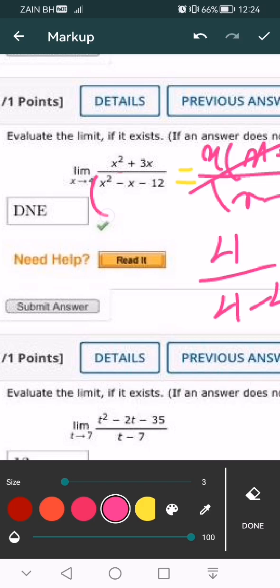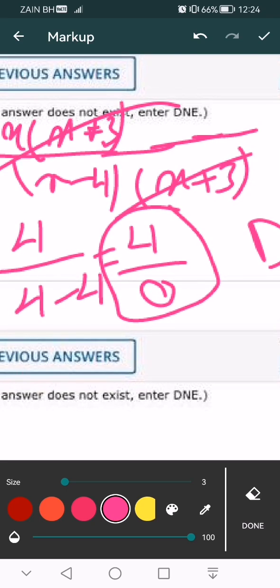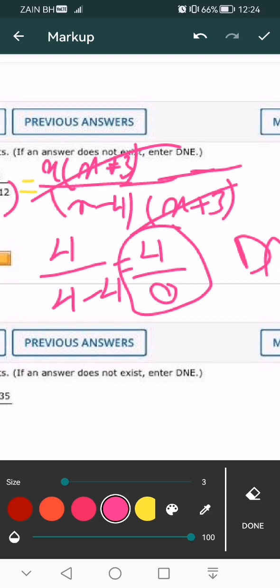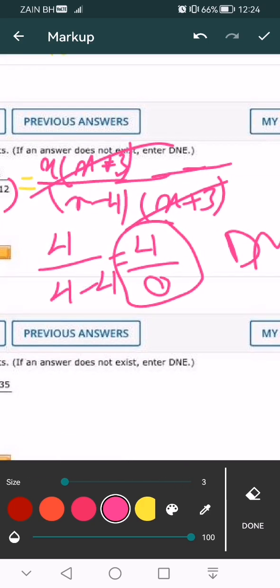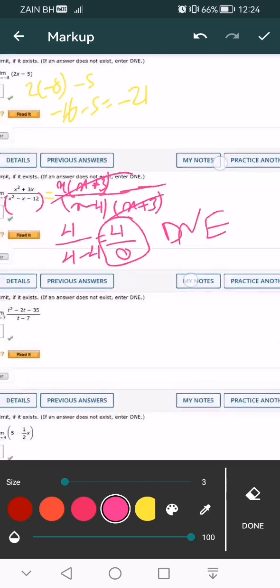And here I do mod 5 3 by calculator and simplify it by x minus 4 multiplied by x plus 3, and then cancel x plus 3 over x plus 3. The remaining is x over x minus 4. Then substituting my x is 4. So 4 over 4 minus 4, 4 over 0 does not exist. Okay.